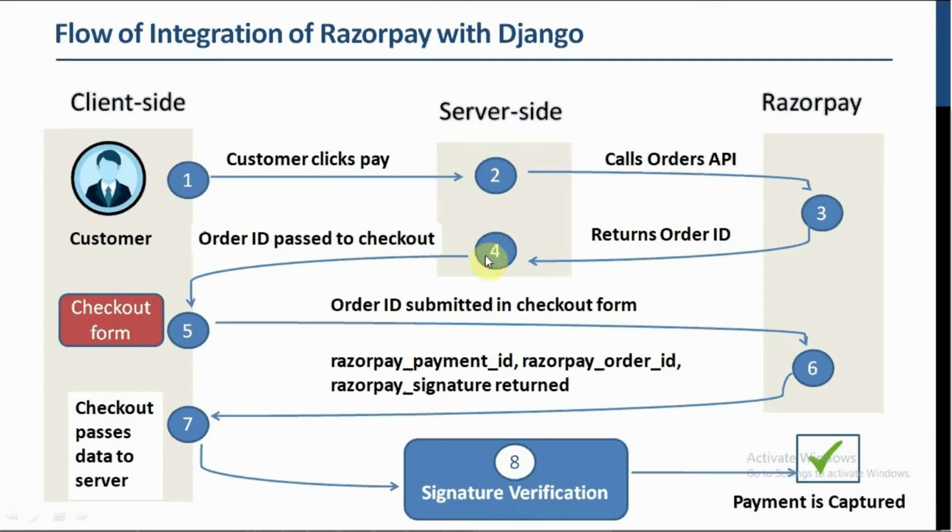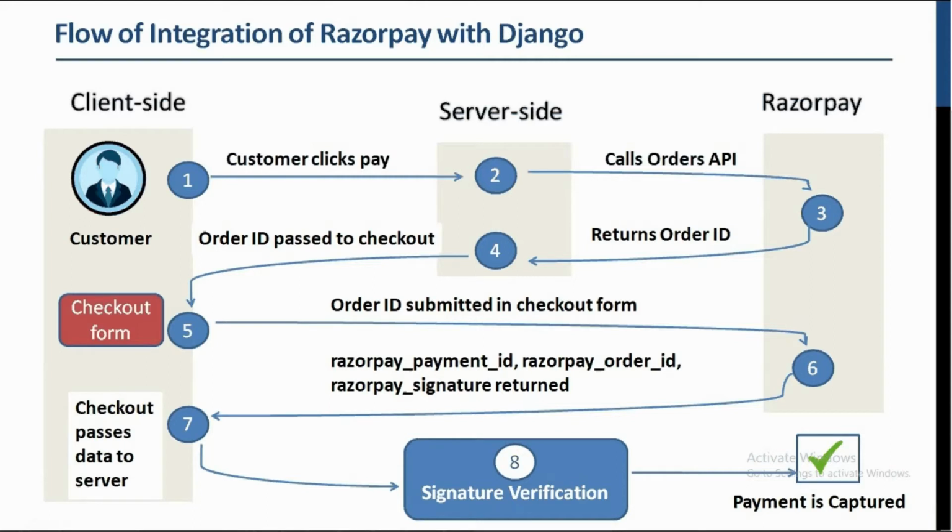So we need to pass this order ID to the checkout form, that is the form where the user enters necessary details about the payment, with the different modes of payment you want.